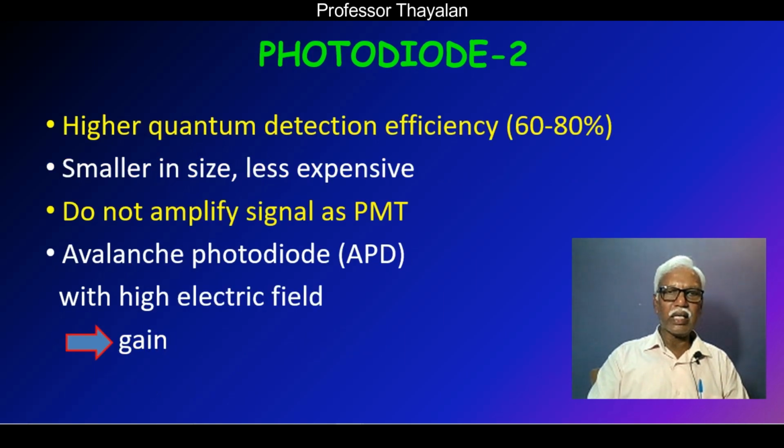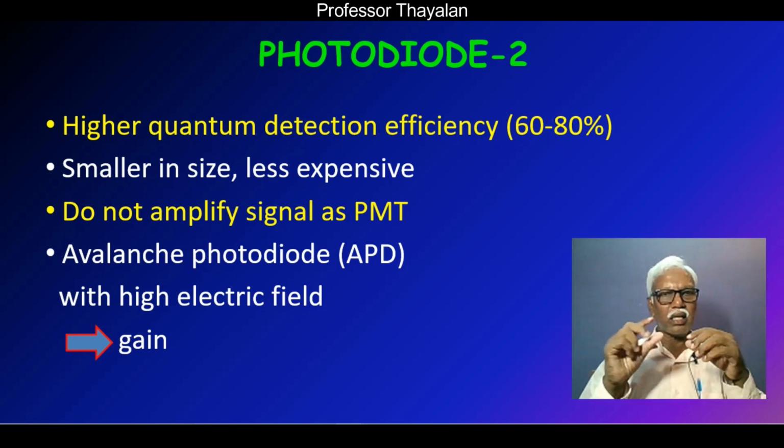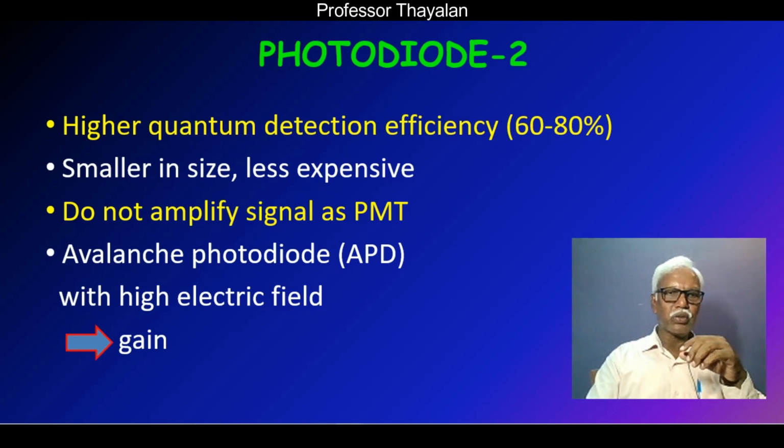Photodiodes have higher quantum detection efficiency, around 60 to 80%. They are smaller in size and less expensive. They do not amplify the signal as a PMT does. This is the basic difference. But nowadays the avalanche photodiode, APD, operated at a higher electric field, is available with more gain.